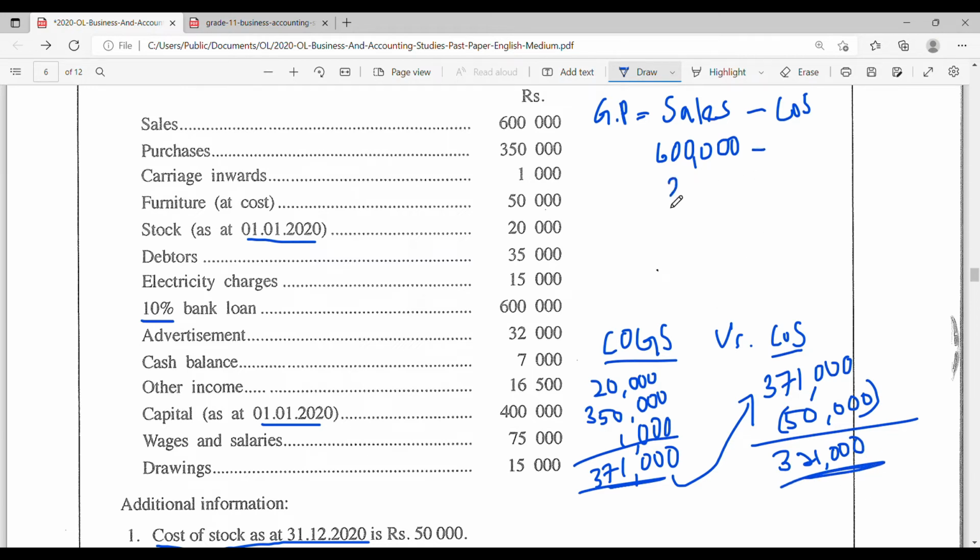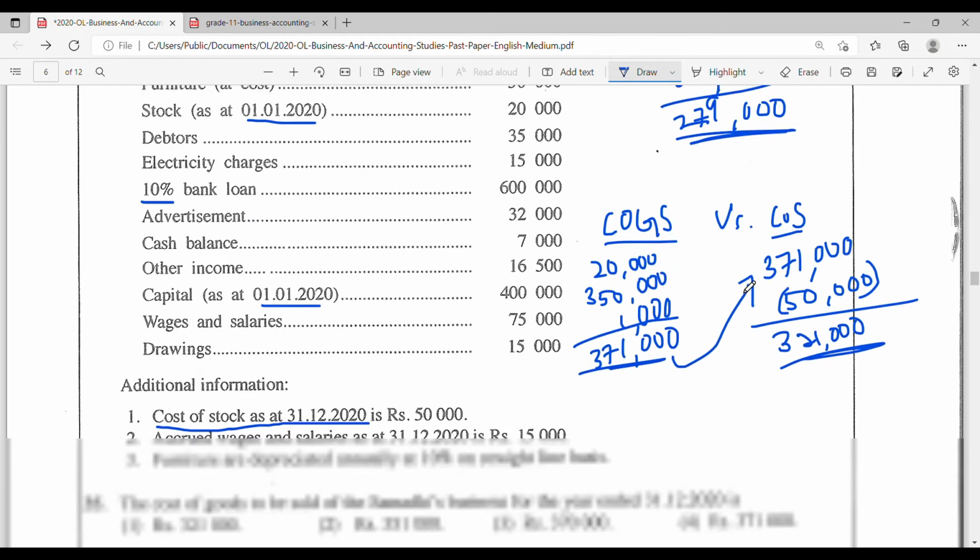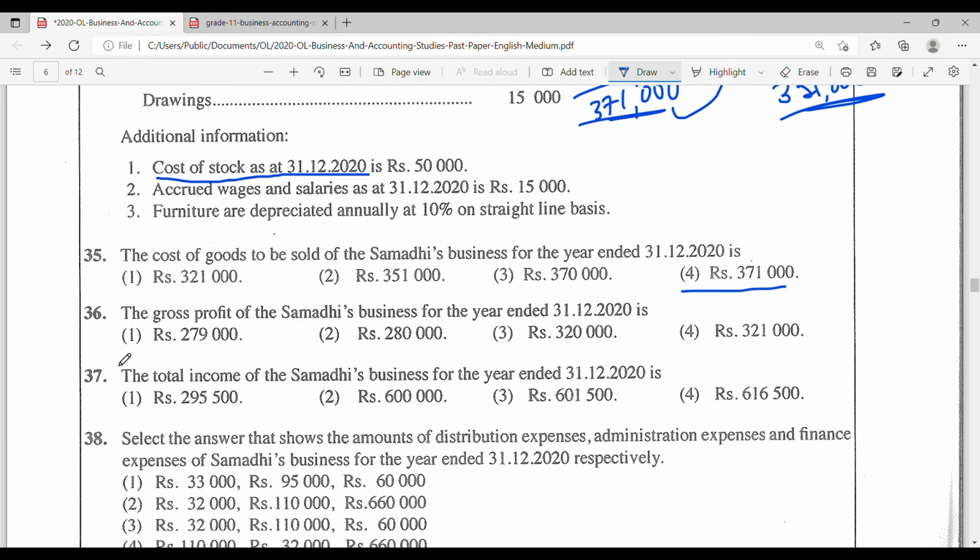So your cost of sales is 321,000, leaving a gross profit of 279,000. Answer 1.